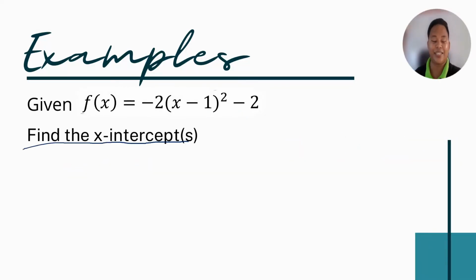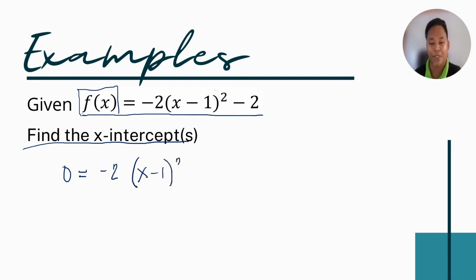For the x-intercepts of this given function, f of x is equal to negative 2 times the quantity x minus 1 squared minus 2, we're going to use the square root property. And we're going to let f of x is equal to 0. We have 0 is equal to negative 2 times the quantity x minus 1 squared minus 2. We're going to transpose negative 2 to the left.